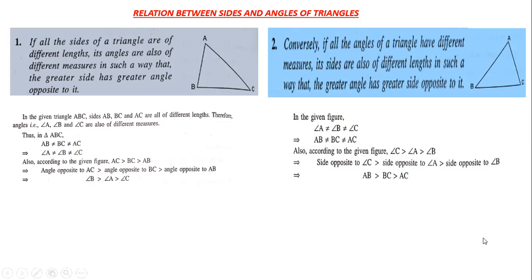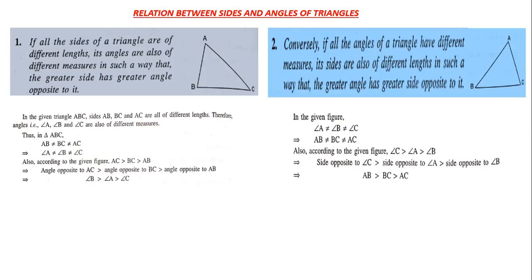If I write that angle C is greater than angle A, then the side opposite to angle C, which is AB, is greater than the side opposite to angle A, which is BC. AB is greater than BC. This is the converse part of your first relation.